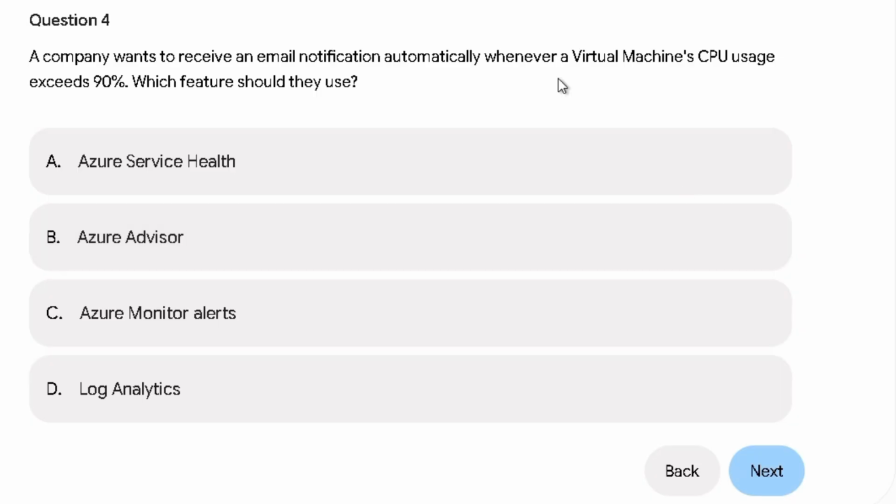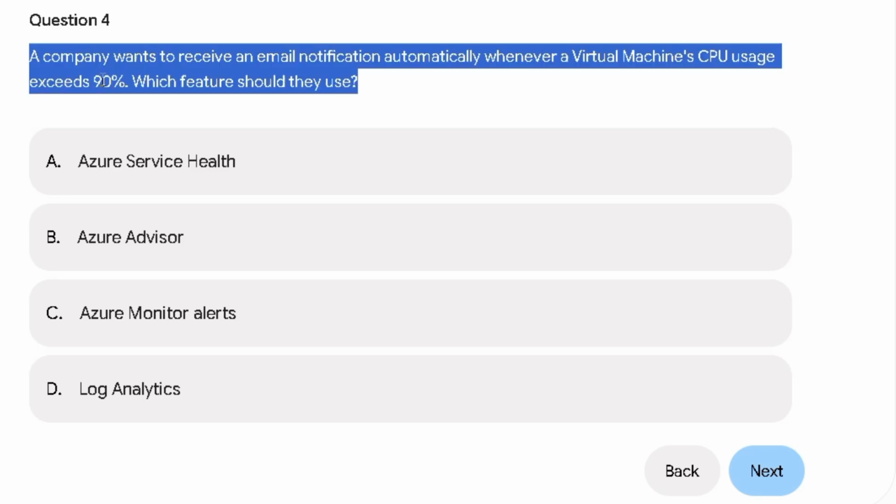Next. Question number 4, guys. A company wants to receive an email notification automatically whenever a virtual machine's CPU usage exceeds 90%. Which feature should they use? So I want to receive an email. For example, if one of my VMs is going over 90%, I want to get an email.